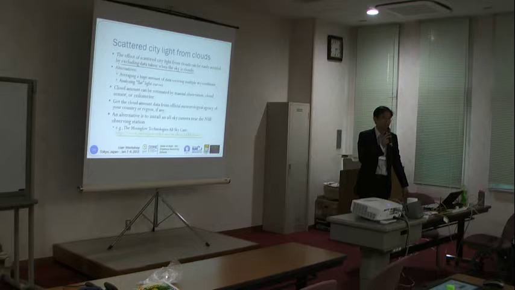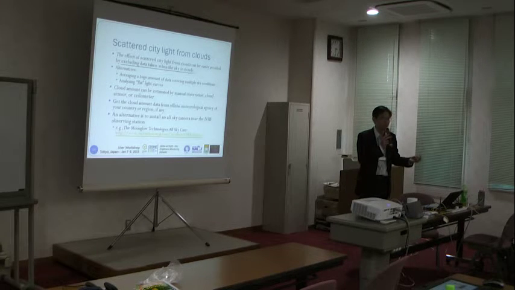Also, I don't know whether you know that the units for cloud amount vary a lot. One of the units is called octa, O-K-T-A. Octa is the cloud amount in terms of the cloud coverage from 0 to 8.